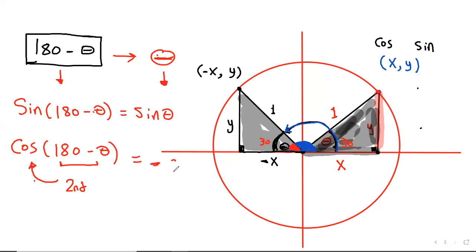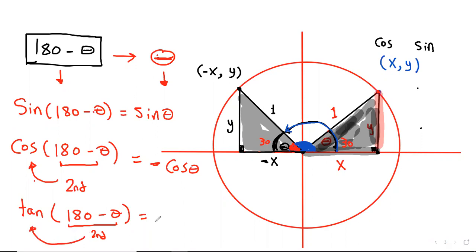So it will be negative cosine theta. And also tan 180 minus theta equals what? 180 minus theta lies in the second quadrant, and the sign of the tan in the second quadrant is negative. So it will be negative tan theta.